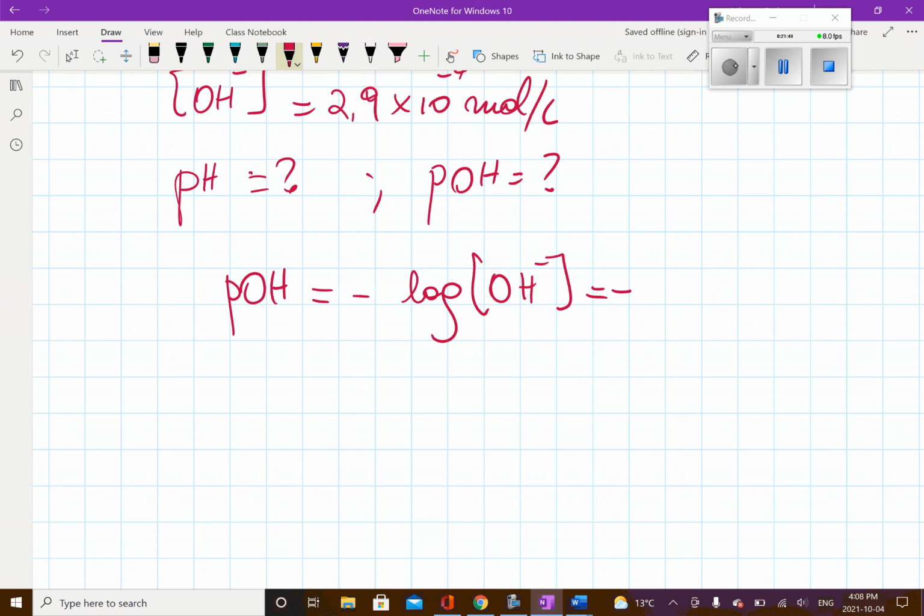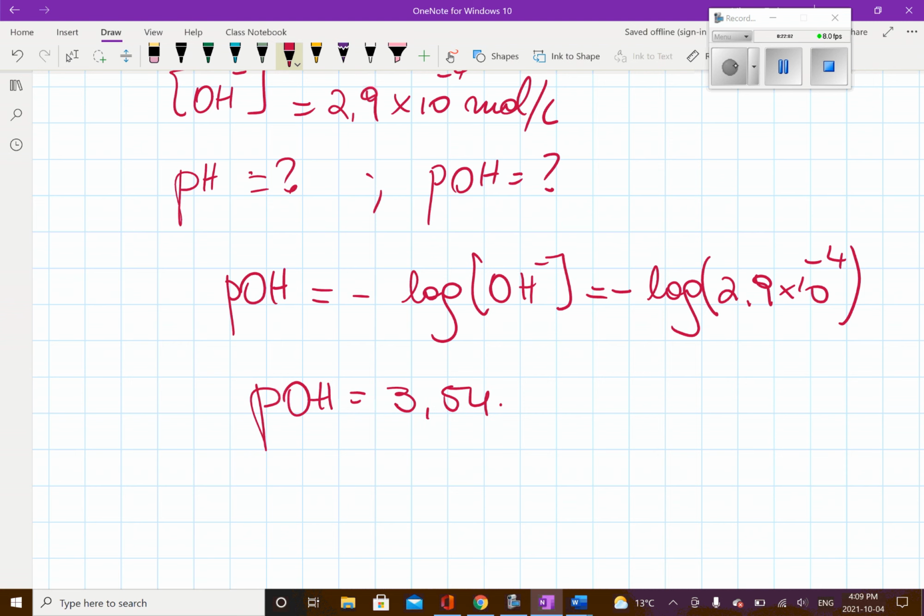So it will be negative log of 2.9 times 10 to the power of negative 4. Then pOH will be equal to 3.54.